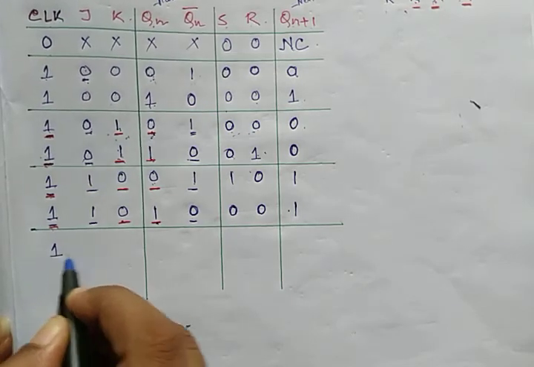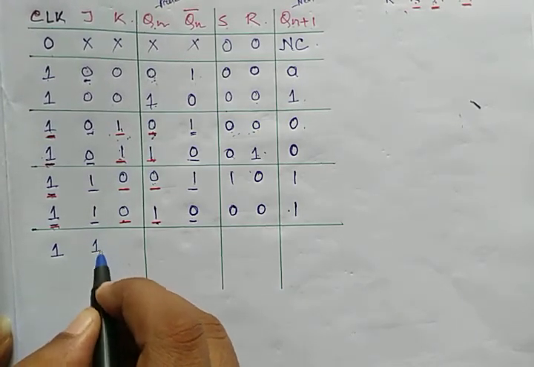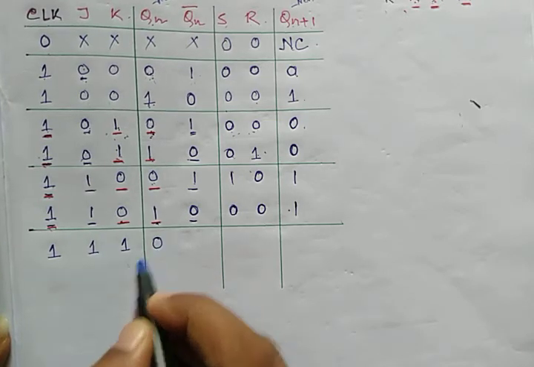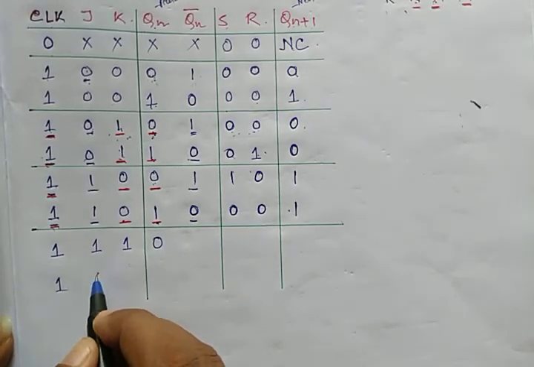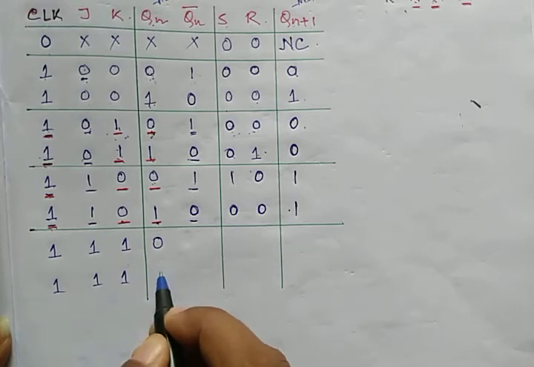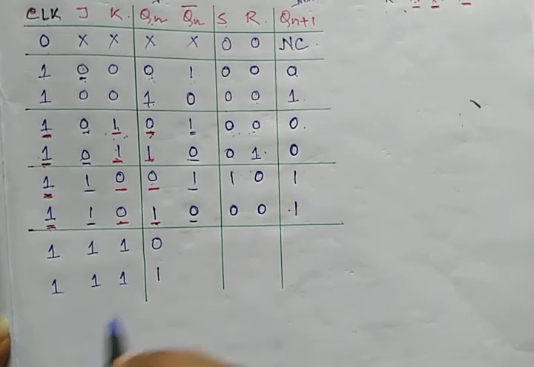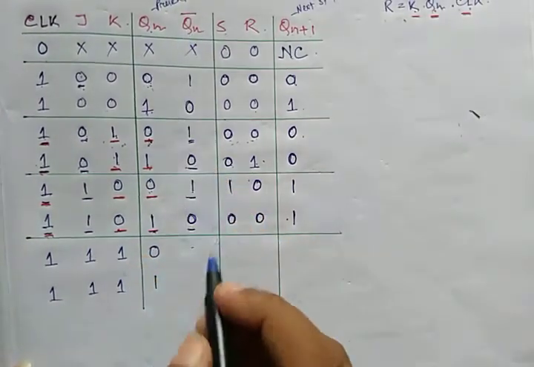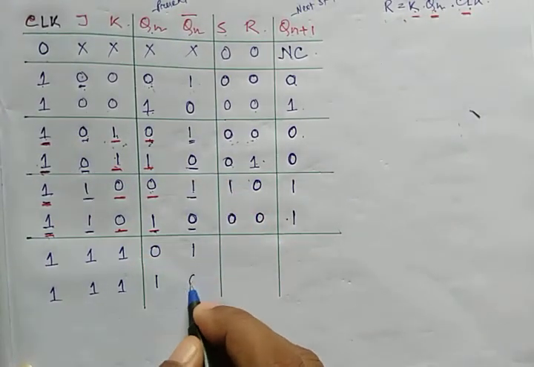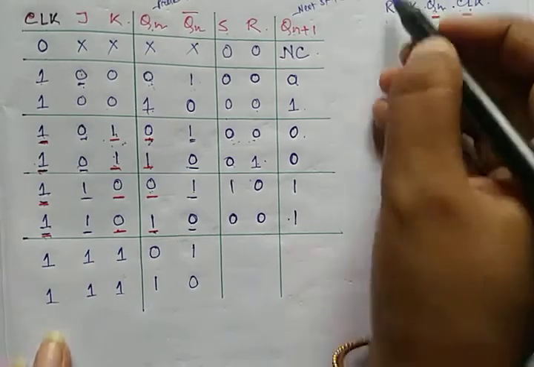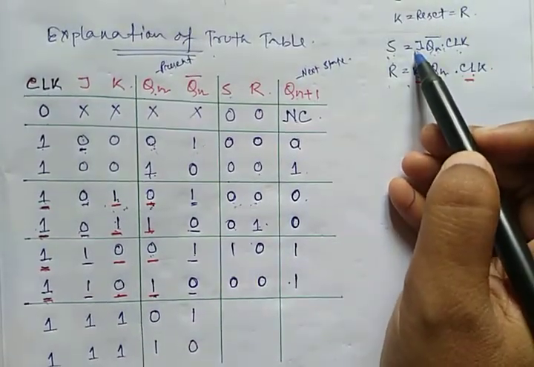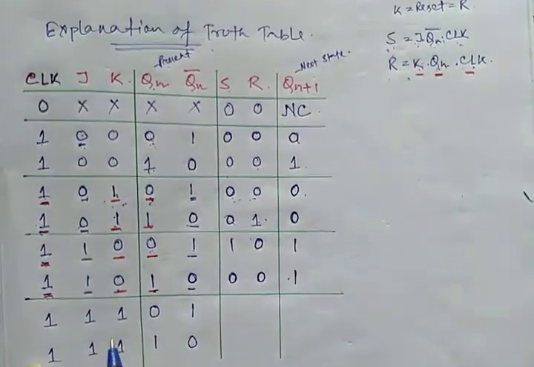Okay, our last condition, this is very important. When clock is 1, both the inputs J and K are 1, and Qn is 0. When clock is 1, both the inputs are 1 and Qn is 1. Obviously Qn 0 means Qn bar is 1. Qn 1 means Qn bar is 0. Now let us check the S value. For the S value, we have J, Qn bar, clock.